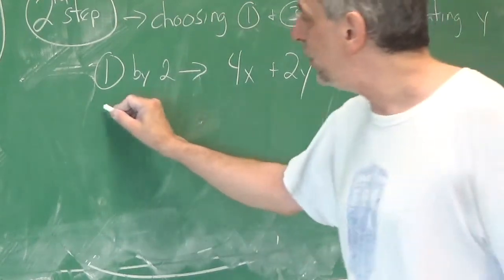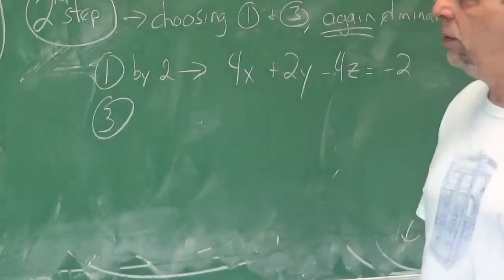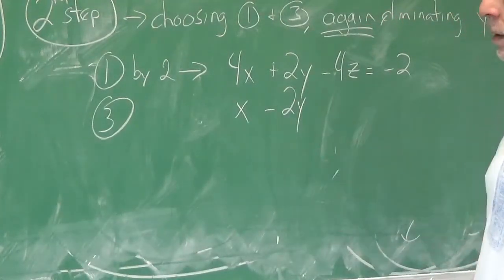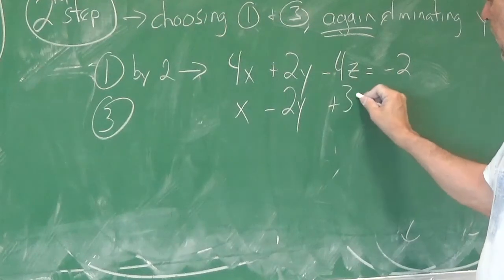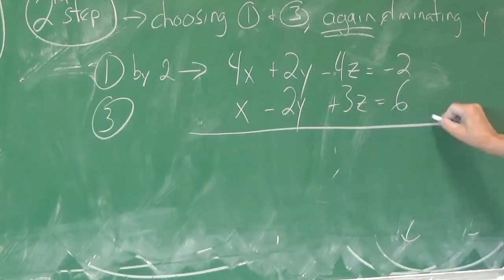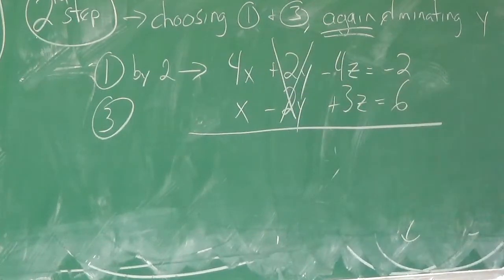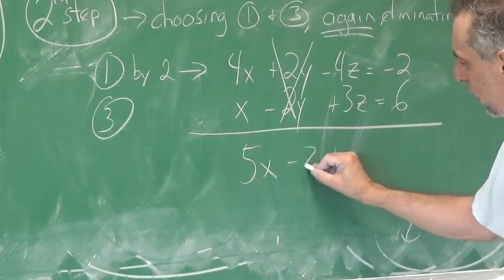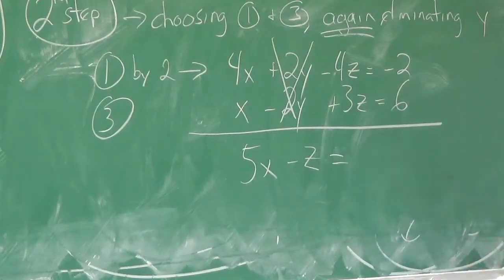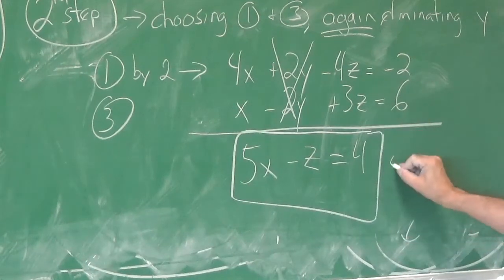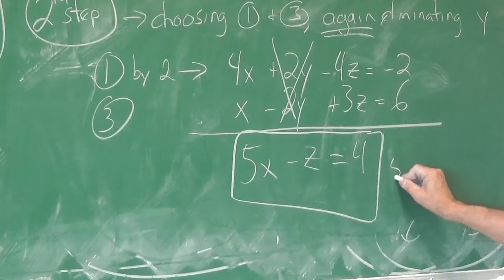I'm going to add that to the third equation, which is x minus 2y plus 3z and 6. Add those together, again eliminating the y, coming up now with what we'll call equation 6, or equation 5, sorry, equaling 4. So that's going to be our equation 5.